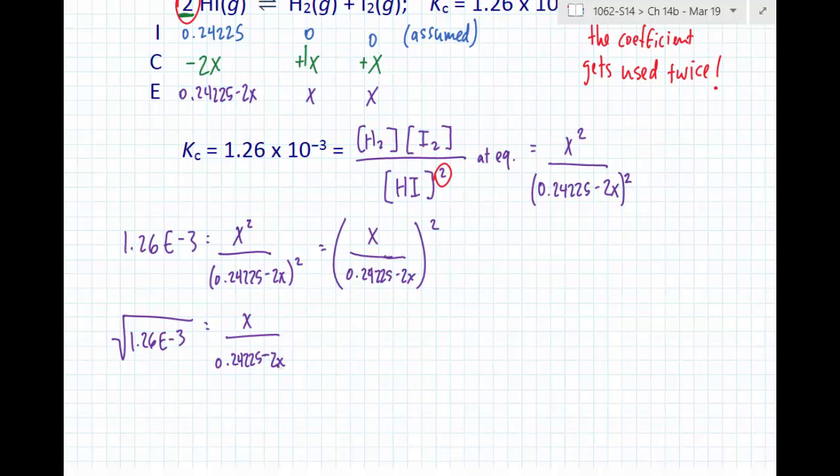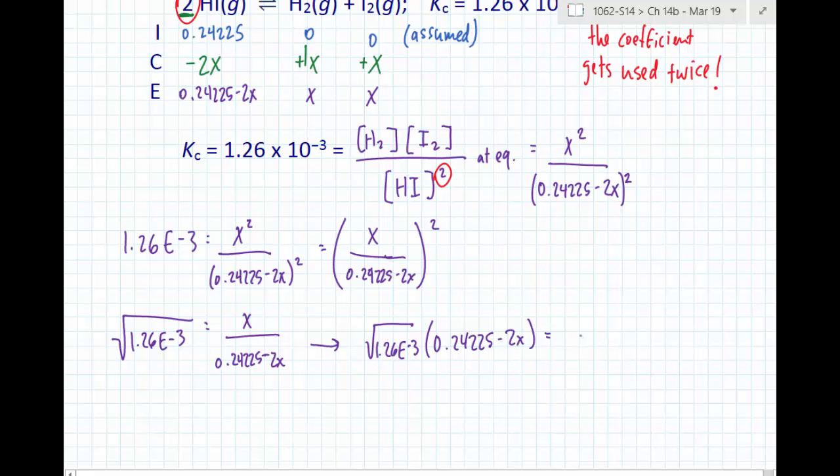And then we can do what Katrina wanted me to do, right? We can multiply the denominator. Then what?